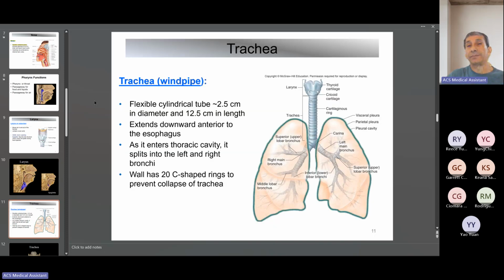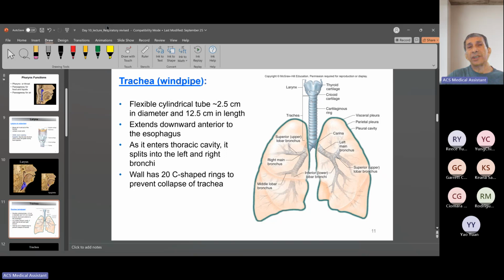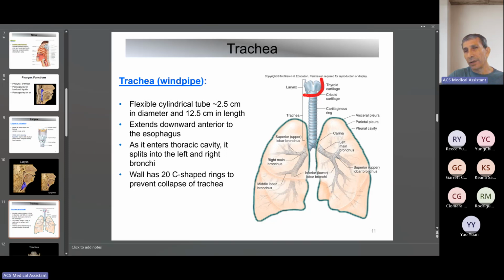Okay, the trachea. Now, the trachea is this tube. See, here the larynx ends. Now we have the trachea, all this tract up to here. And it has some rings right here, some rings that have a C shape, the letter C. It says right here, it's a flexible cylindrical tube.